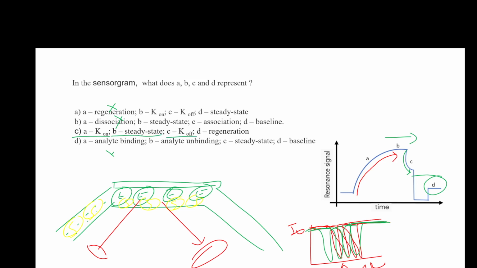C is the off or dissociation, and D is the regeneration of the enzyme substrate complex. So that is a sensorgram that tells you the interaction of the enzyme and the substrate which is given via the liquid chamber. Okay, so the correct option will be C.